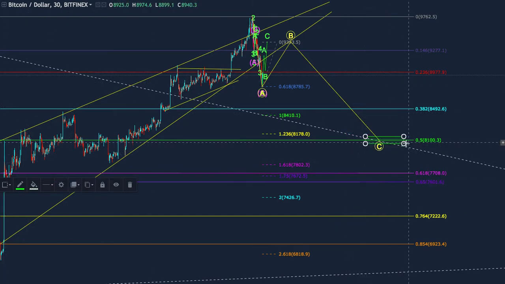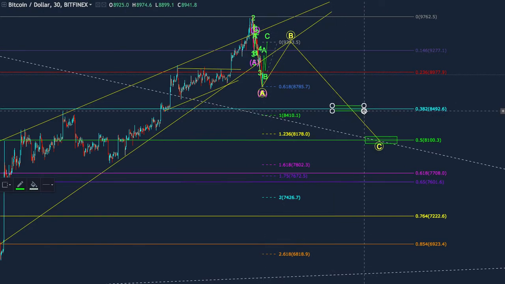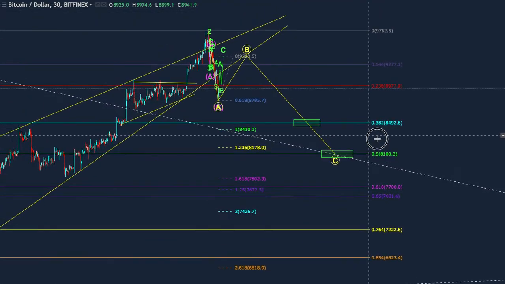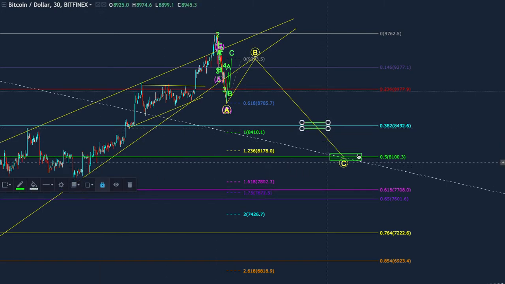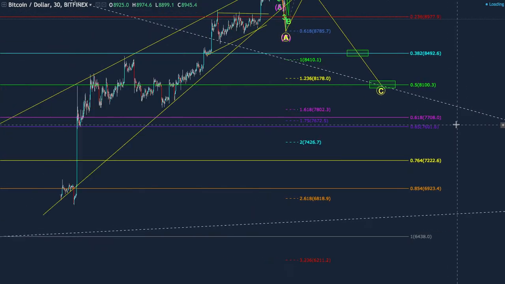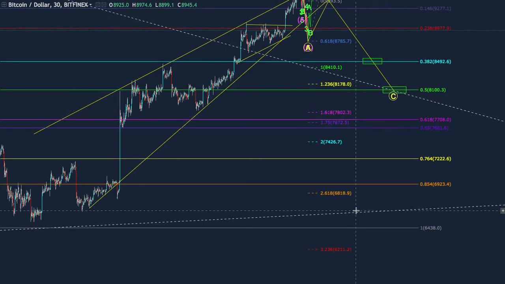So this is kind of what I'm seeing right now, and we have limited data, so we're going to have to wait and see. But I think these are decent levels for it to bounce from. The other option is we go deeper.